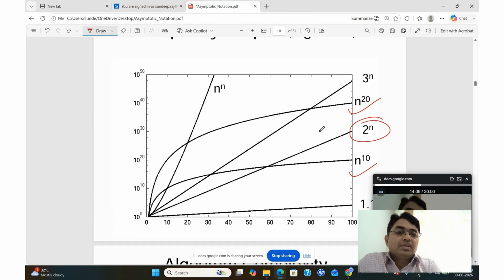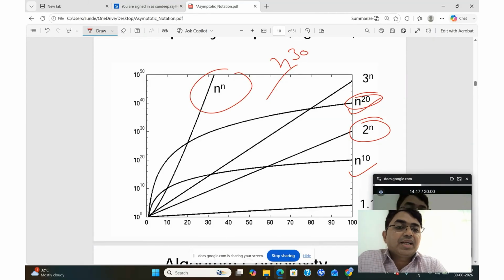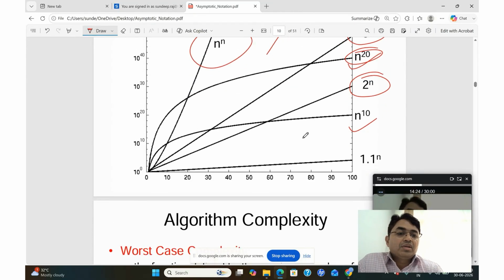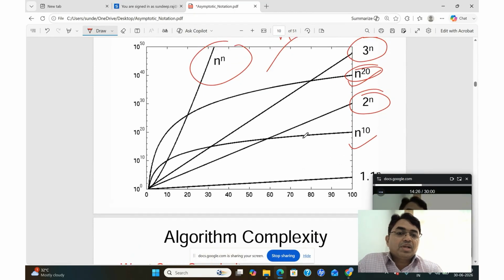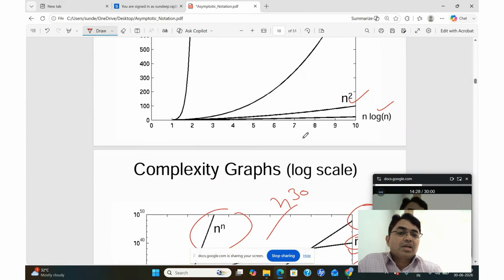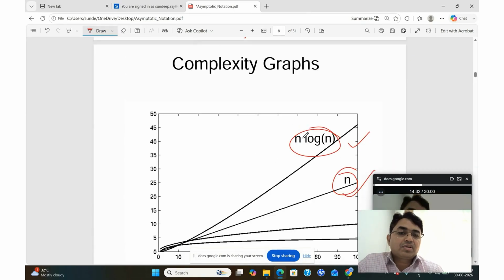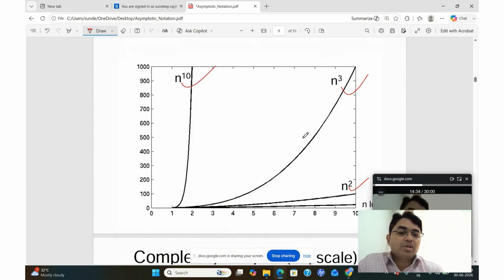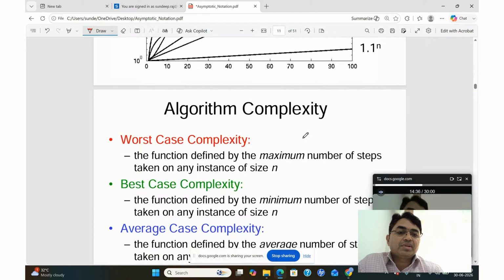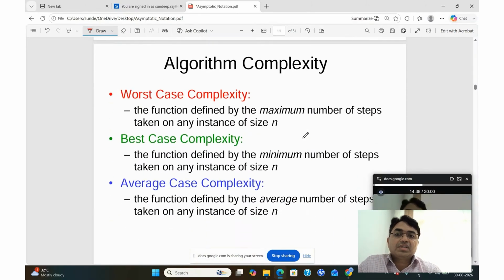And between n raised to the power 20 and n raised to the power 30, somewhere we will get the 3 raised to the power n complexity. So these complexities are given as per their increasing order.